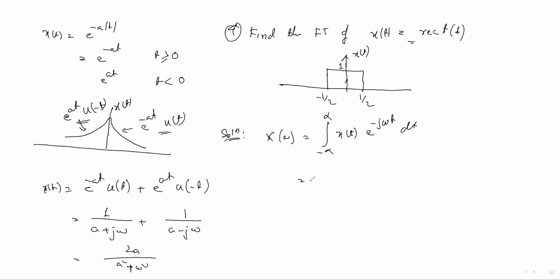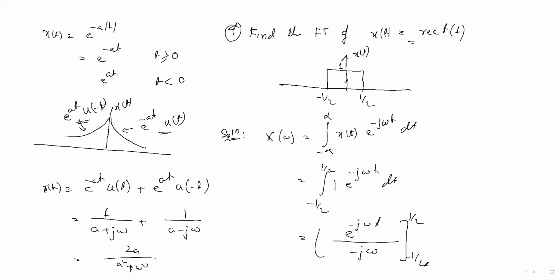So you can write the limits minus half to half, because the signal exists only in this range. x of t will be 1, so the integral of e to the power minus j omega t dt becomes e to the power minus j omega t divided by minus j omega, with limits from minus half to half.